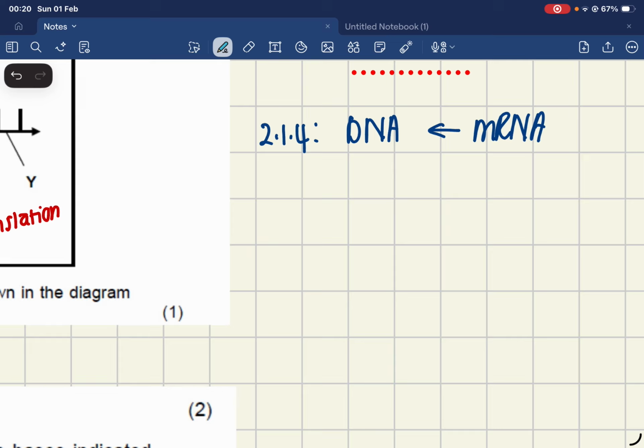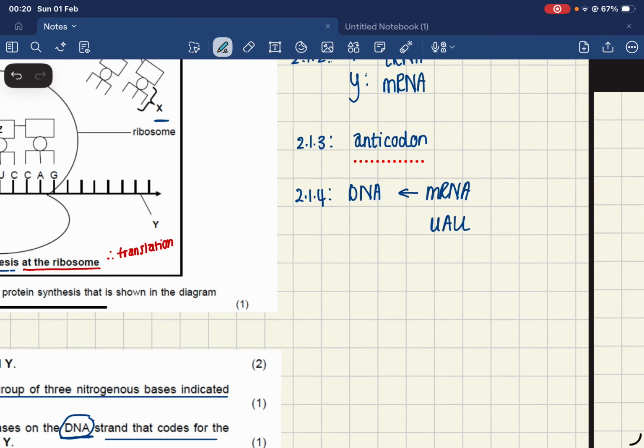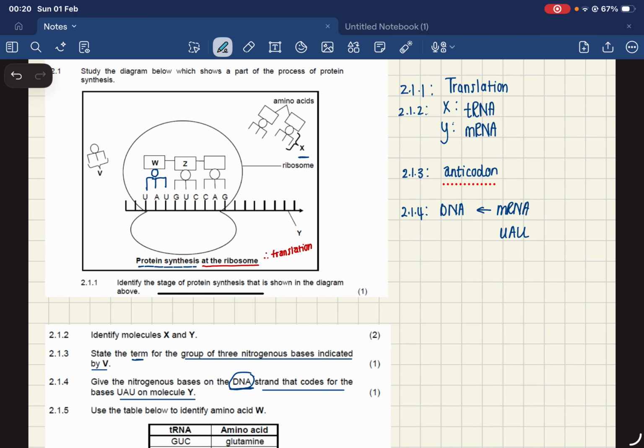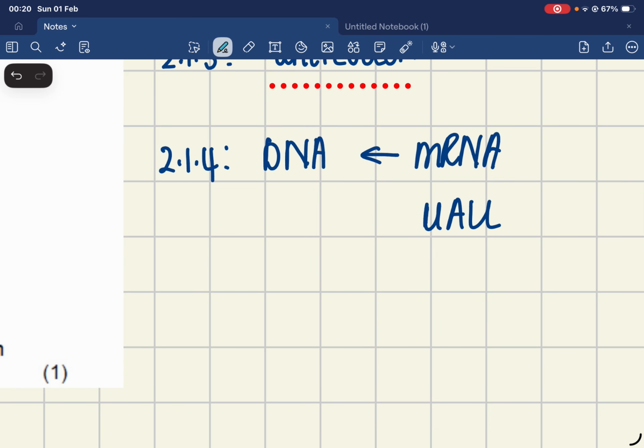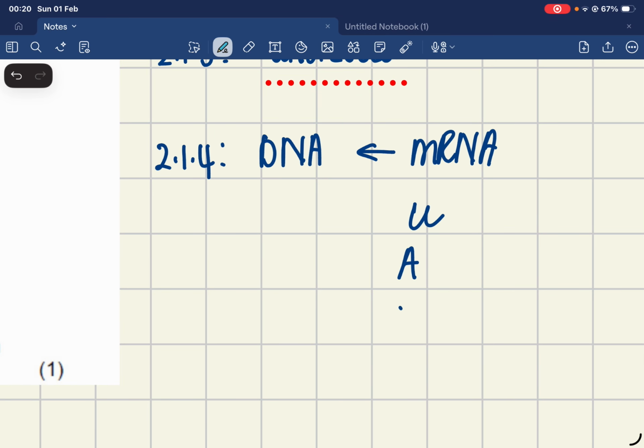So on molecule Y, the nitrogenous bases are UAU. Let's quickly write it down, one beneath the other: UAU. So we're looking to go back to DNA.